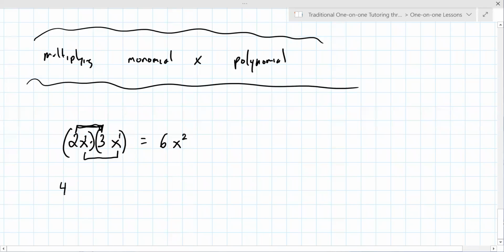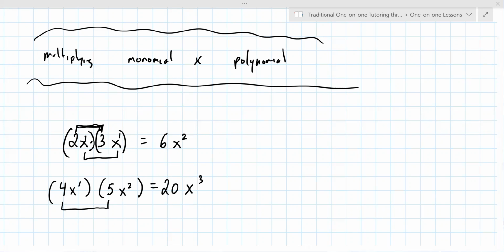What if it's 4x times 5x squared? Again, you multiply the 4 and the 5, gives you 20. x to the 1 times x squared is x cubed, or x to the power of 3. Great. Now you try one here.